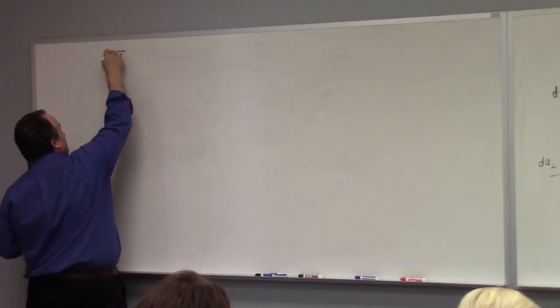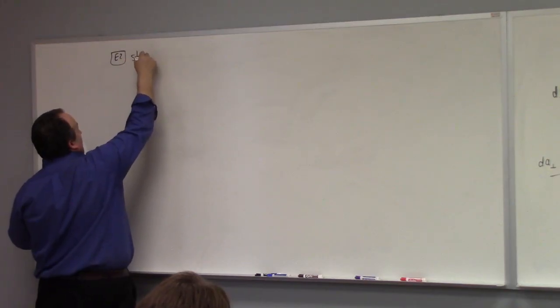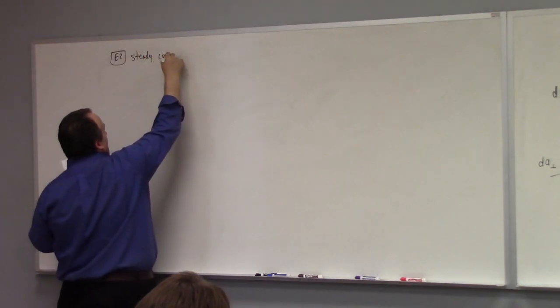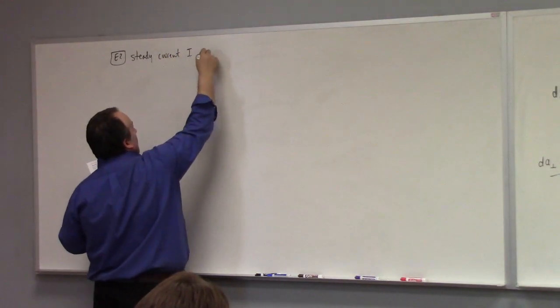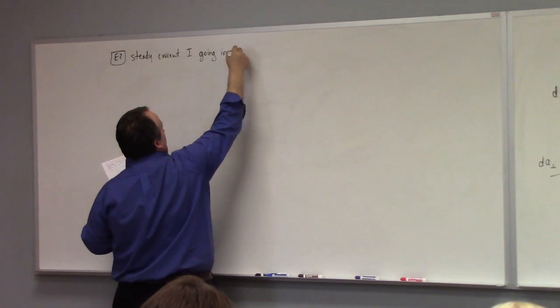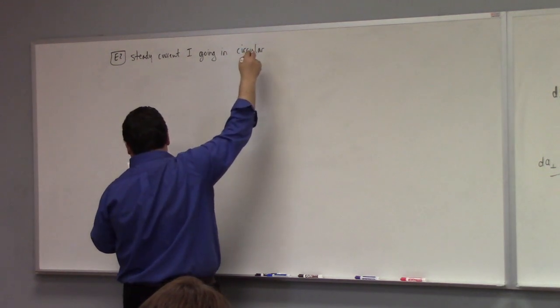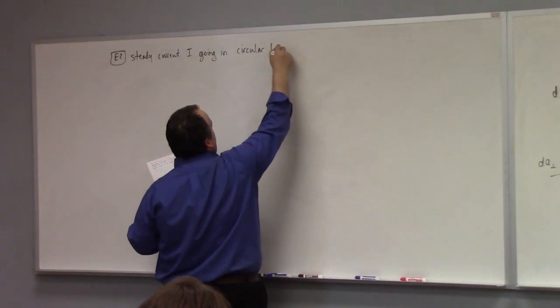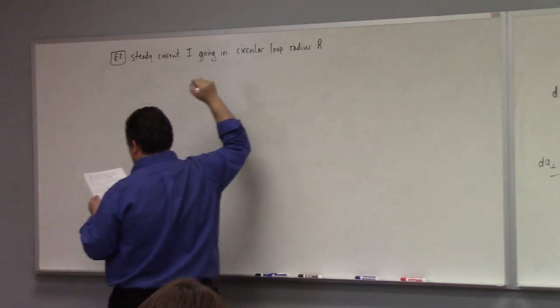So example 2, we have a steady current going in a circular loop, radius r.